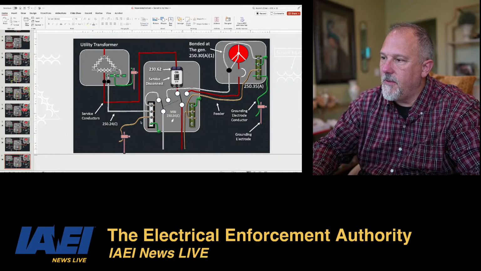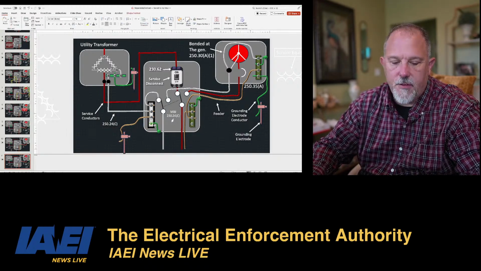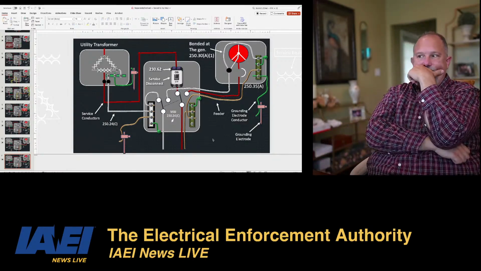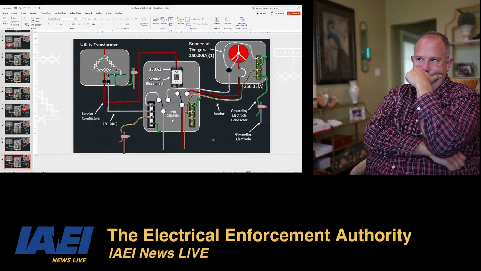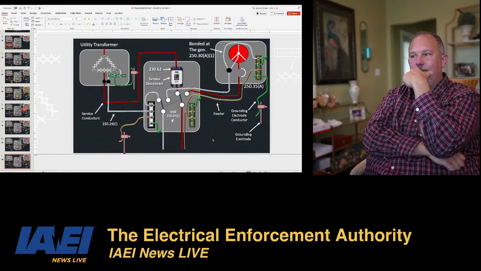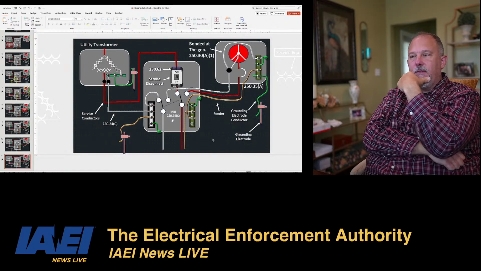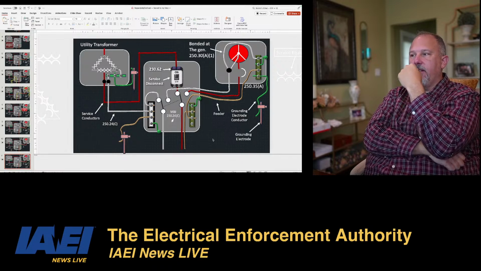I see where you're coming from. I'm catching what you're throwing. You're right. The enclosure is still bonded.